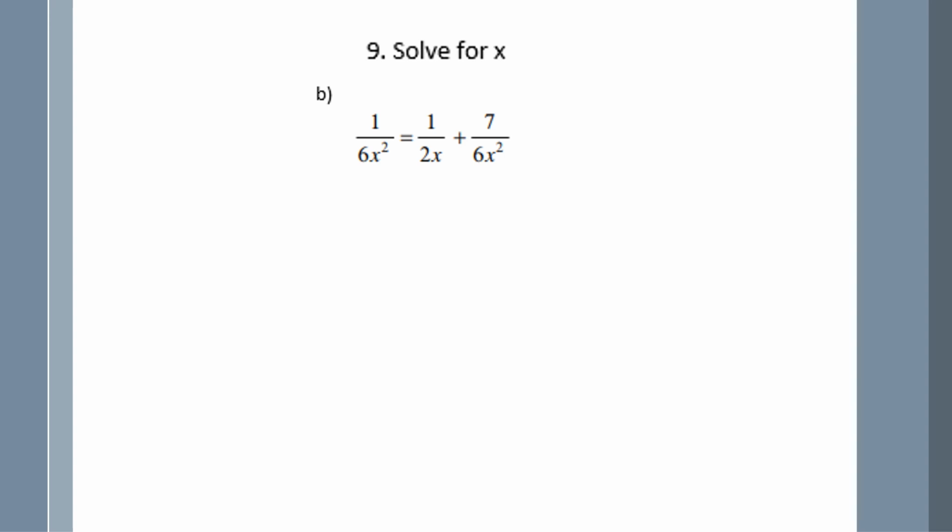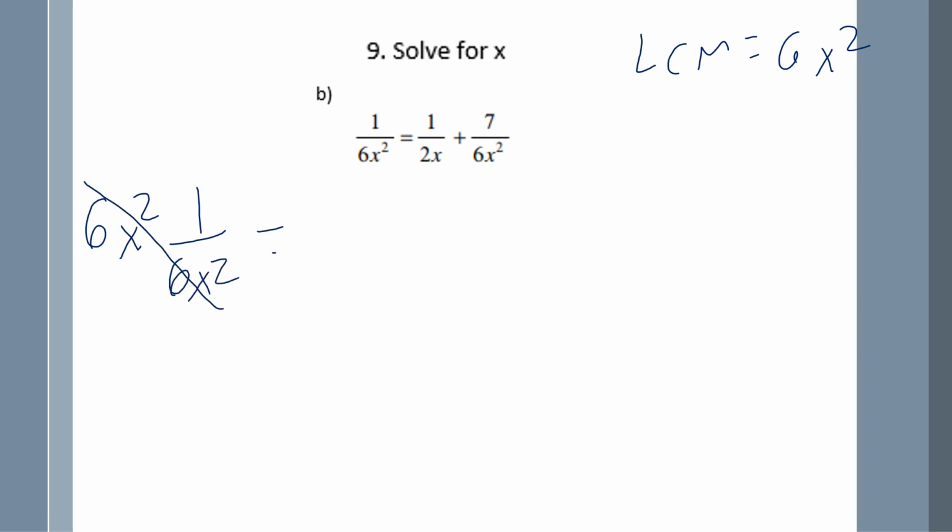All right, 9B. The least common multiple is 6x squared, so let's do it. If I do 6x squared on the left hand side, that cancels out.